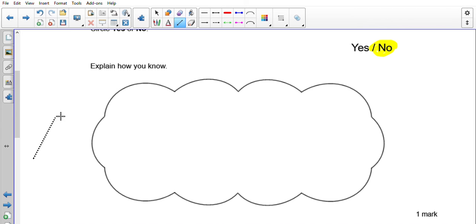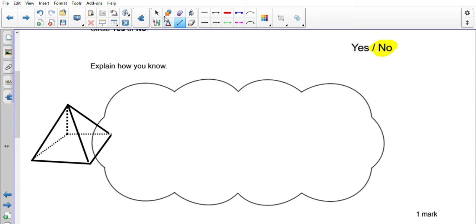Let's have ourselves a square-based pyramid, sorry. I'm trying to talk and do this at the same time. Not great. So let's have one of these, pop this in here like that. Lovely. It's a bit of a better one. Oh, I'm missing a line. There. So we've got one of these.